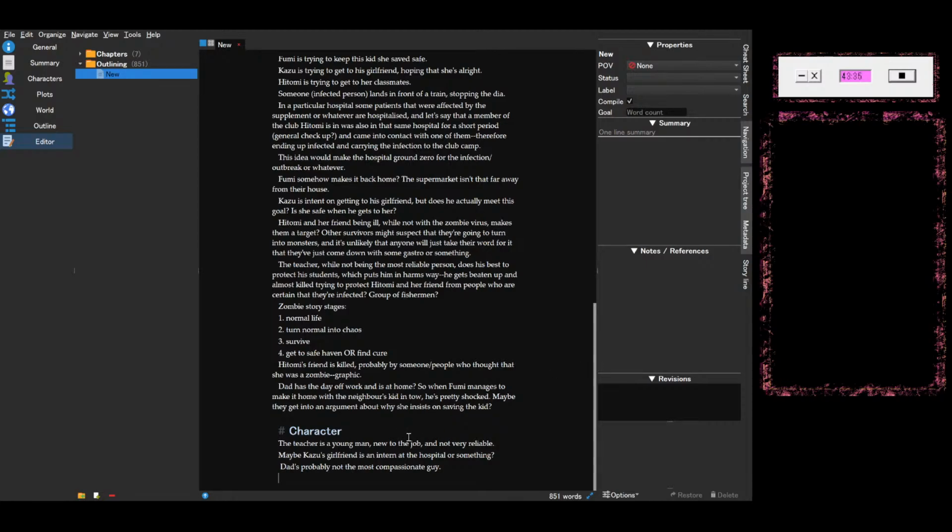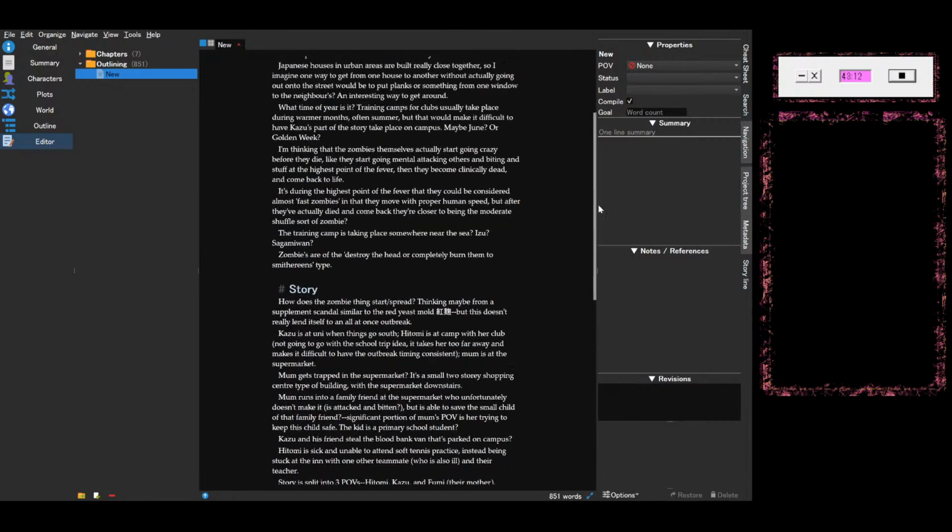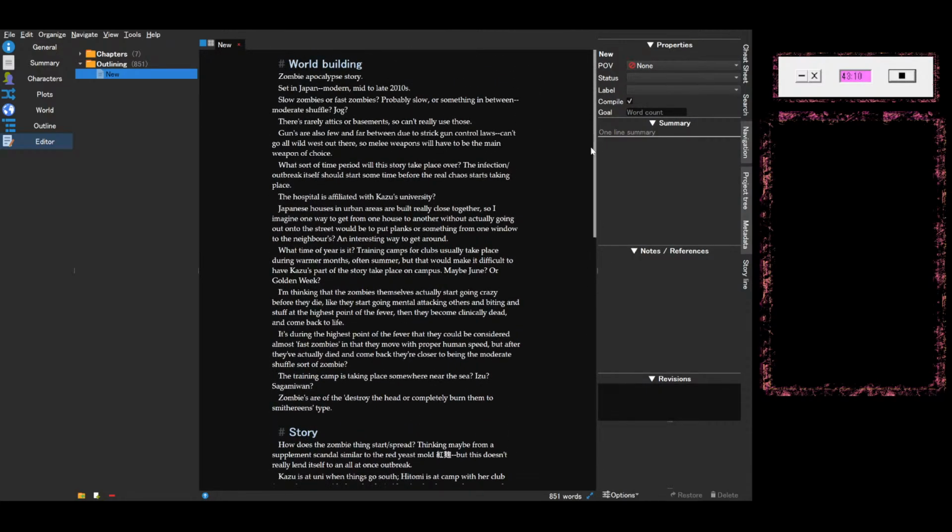Character, I find, is one of the ones where you can get away in the planning stages with having less than you might actually want, because as you develop your story, you tend to make decisions about your characters at the same time. So we've sorted that out.